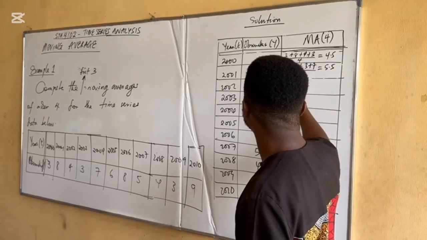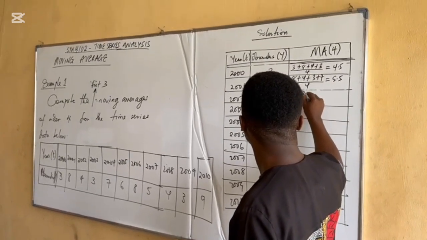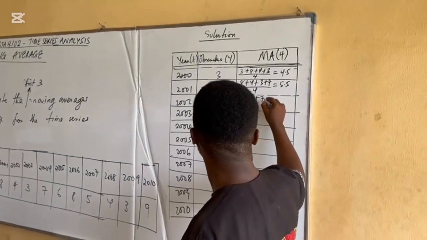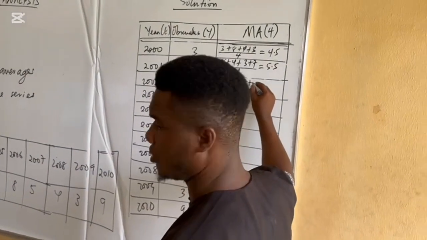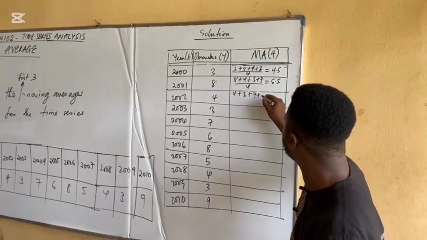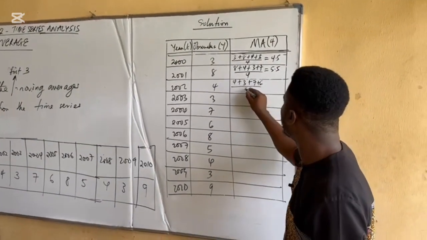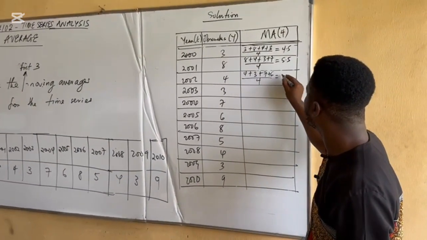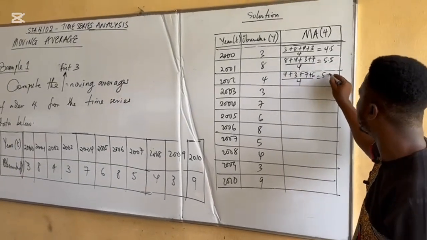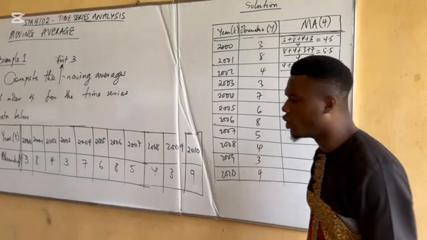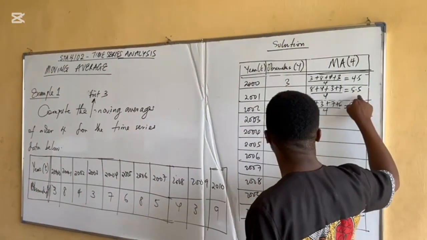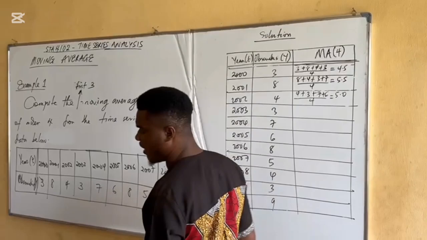The next one will be 4 plus 3 plus 7 plus 6, divided by 4, and that will give you 5.0, right? So you will realize that the first 3 moving averages will be 4.5, 5.5, 5.0.